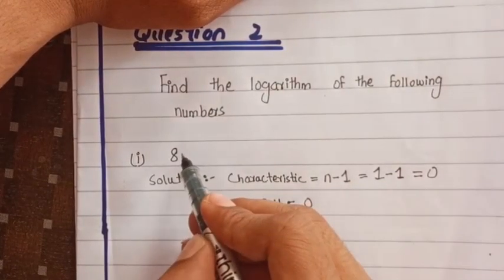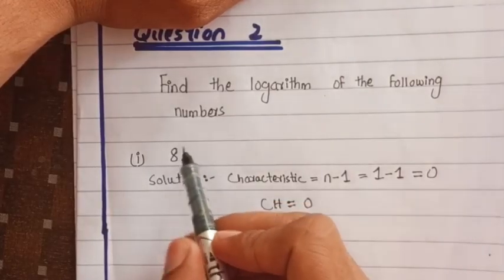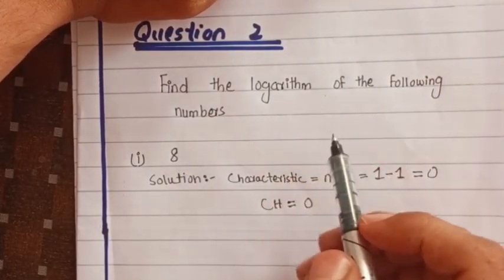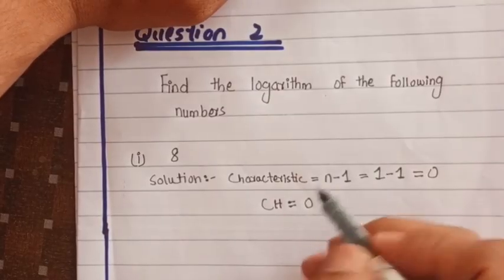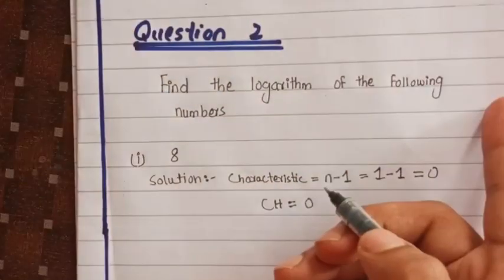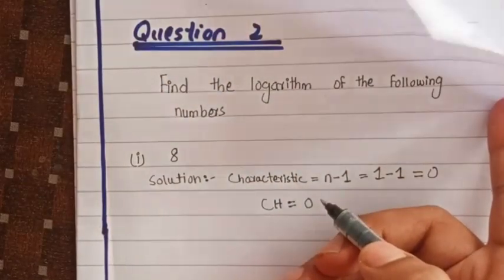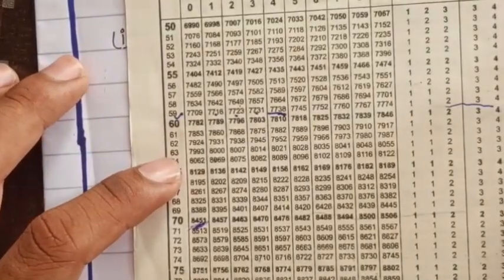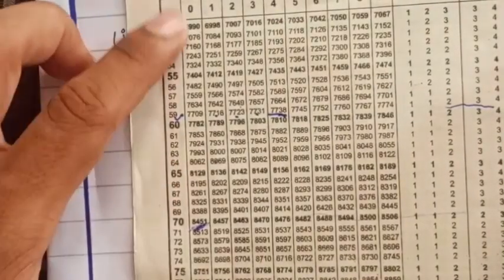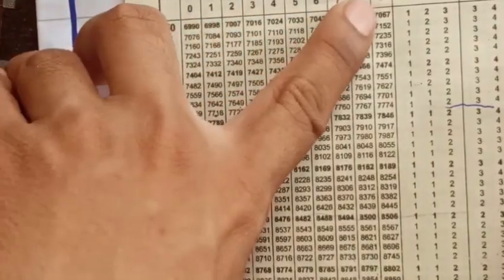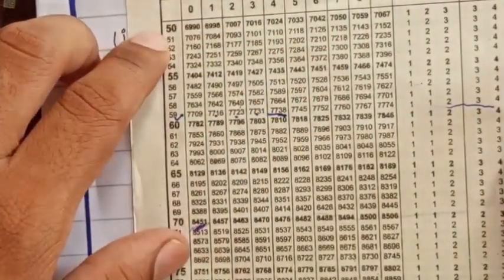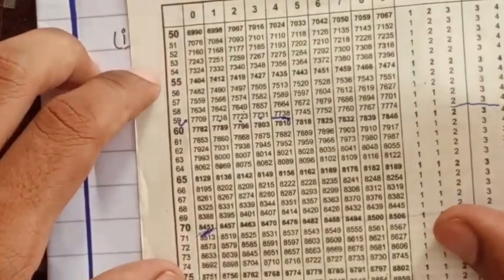So for finding out the logarithm of 8, you need to go through the logarithmic table or use the calculator. See here, it is the logarithmic table, starting from column 0 to 9, okay? But the numbers start from 50 and my number is 80.